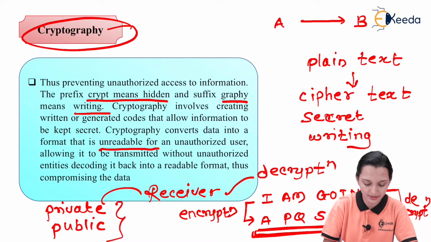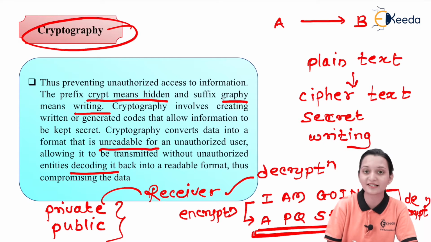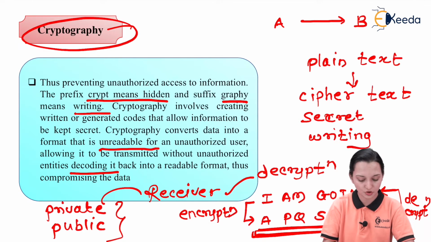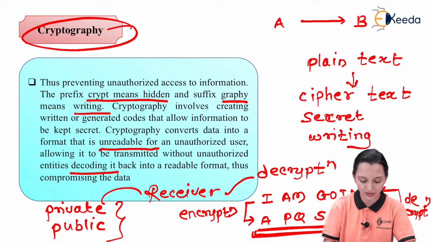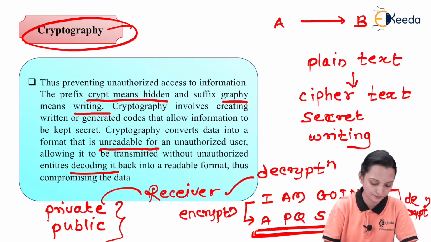Unreadable format means they cannot understand the meaning, and it is very difficult to decode, that means decrypt the data into a readable, understandable format, because no one can imagine that A, P, Q, S, R, T, U, W can be "I am going." So this is nothing but the secret writing, and it is useful to protect our message from unauthorized users.